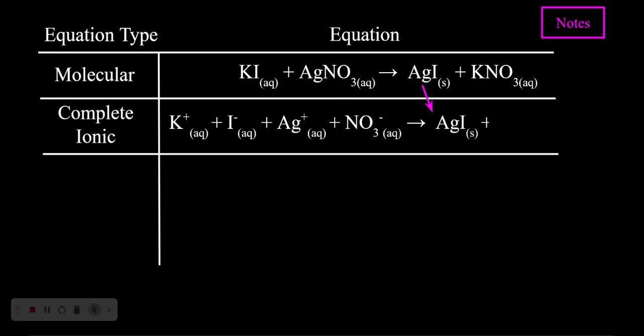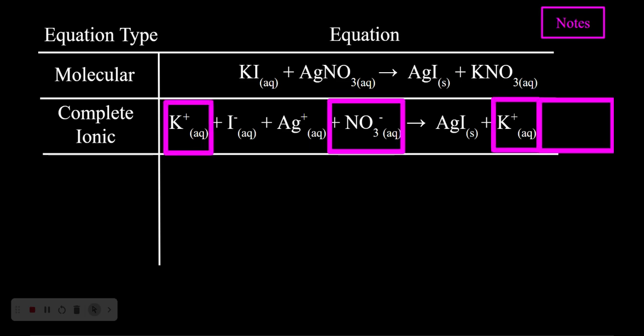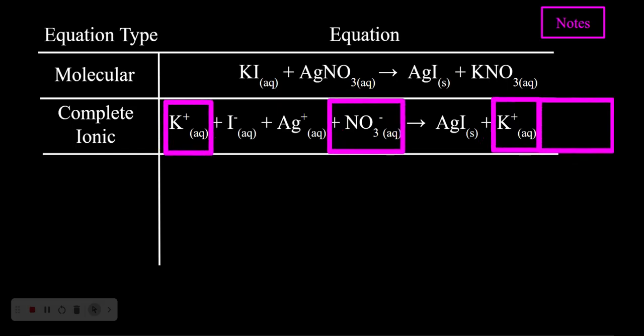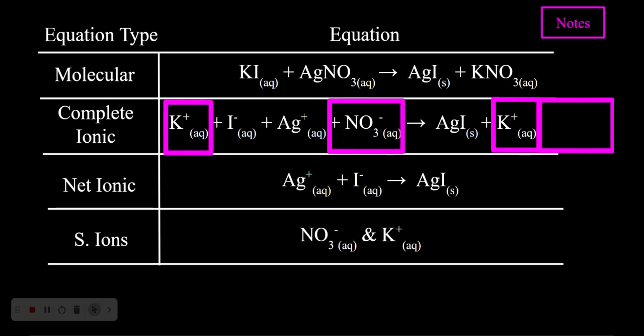It is solid, an insoluble salt, so it sticks together, whereas potassium nitrate, always soluble with those nitrates, becomes this. Now I look for my spectator ions. There's my first one, the K, and the other one, the nitrate. The nitrate and the potassium are my spectator ions, and so the equation boils down to this.